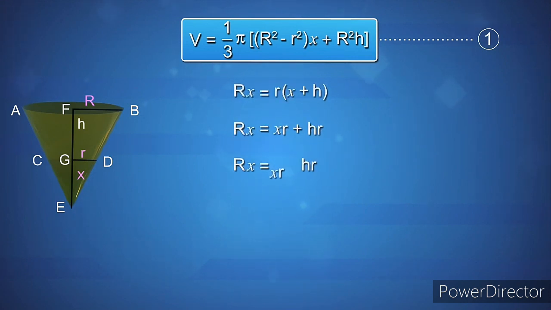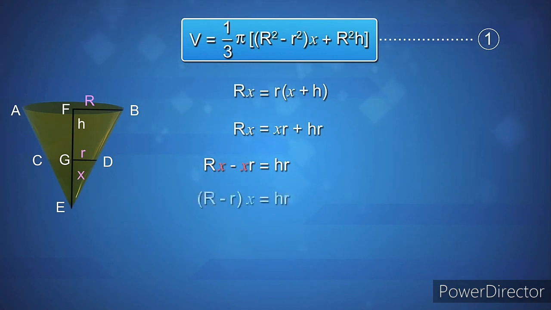Bring the x small r term to left side, which gives capital Rx minus x small r is equal to h small r. X is common to both the terms. So we get the simplified equation as capital R minus small r into x is equal to h small r. From this equation, the value of x is h into small r by capital R minus small r.